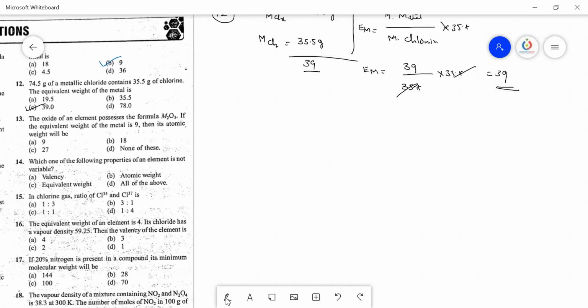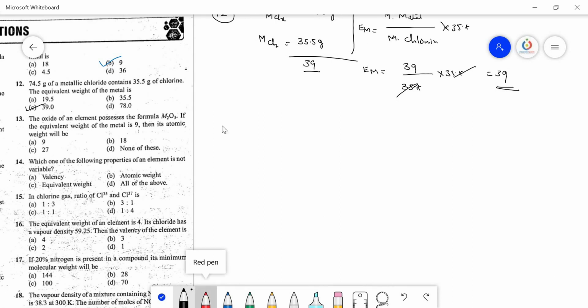Let's solve question number 13. The oxide of an element possesses the formula M2O3. If the equivalent weight of the metal is 9, then its atomic mass will be? The equivalent mass of the metal is given as 9 and they are asking for the atomic mass.